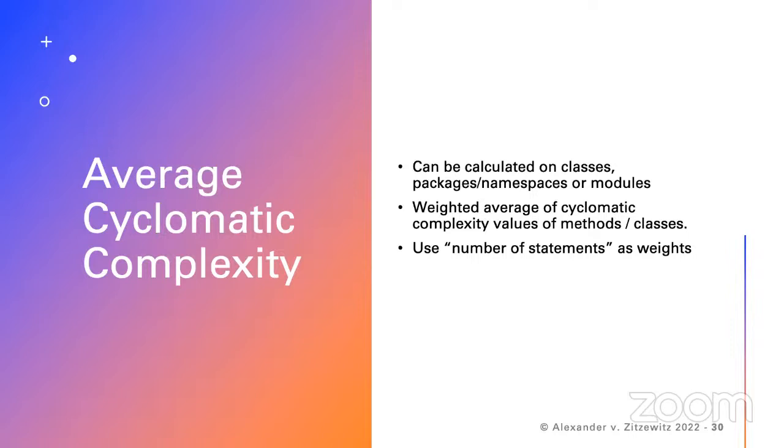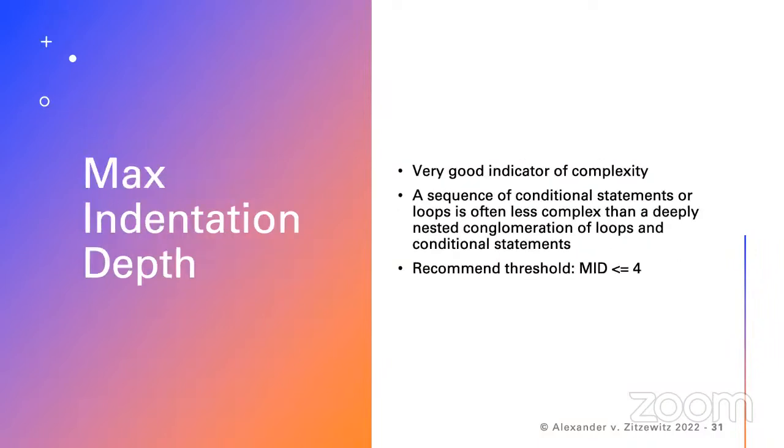Setters and getters just have a cyclomatic complexity of 1. If you just use a normal average, that would water down that complexity quite a bit. But if you use the number of statements as a weight, you get a much better average value. So we use the number of statements as weights for complexity. And then we get class complexity, package complexity, module complexity, and so on.